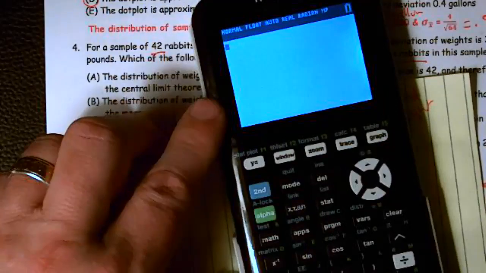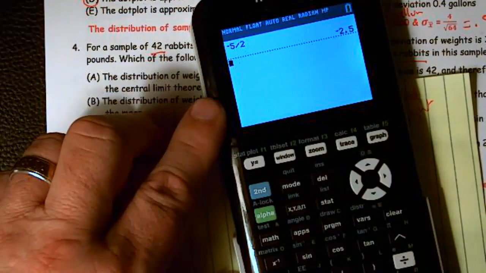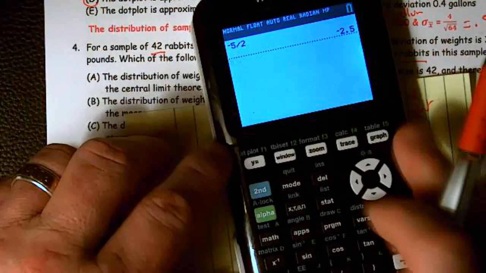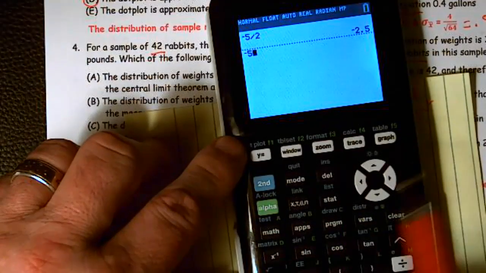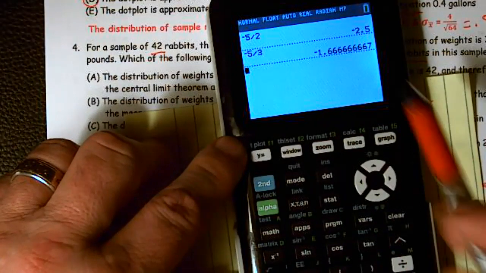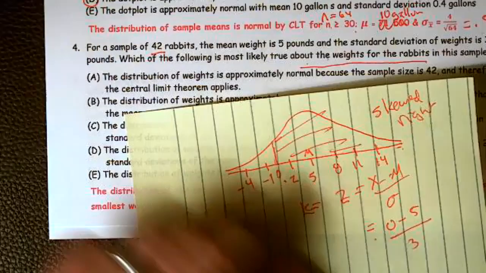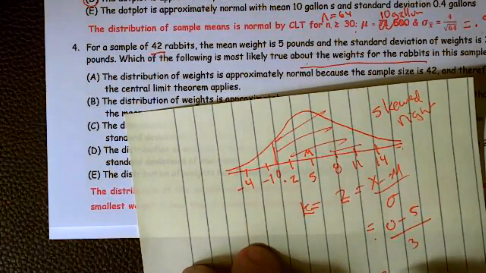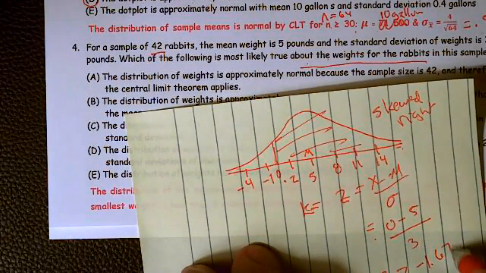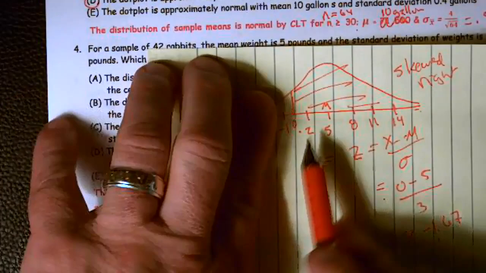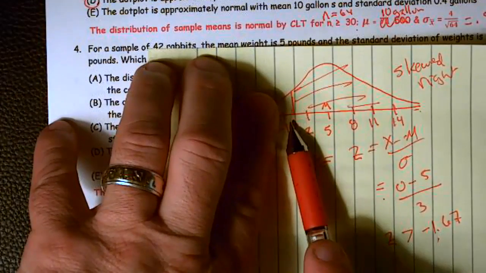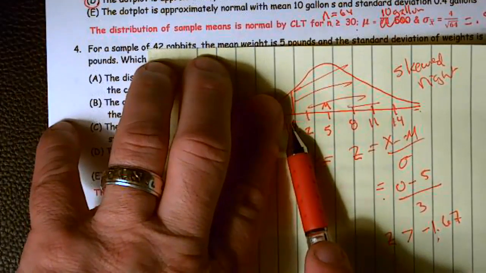We'll calculate that. -5 divided by 3, so 1.67. So z has to be greater than -1.67. I've written my z-score. I cannot be more than 1.67 below, and that's with a 0 weight bunny, and we're not going to have a 0 weight bunny.